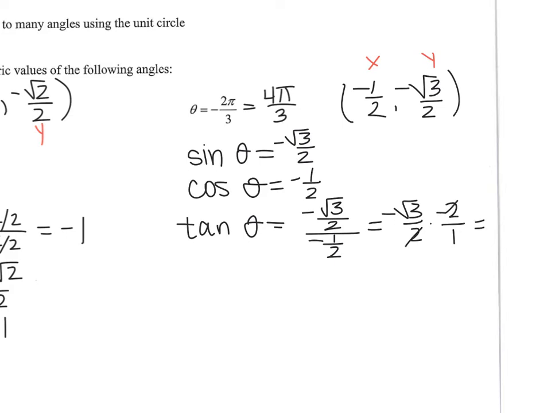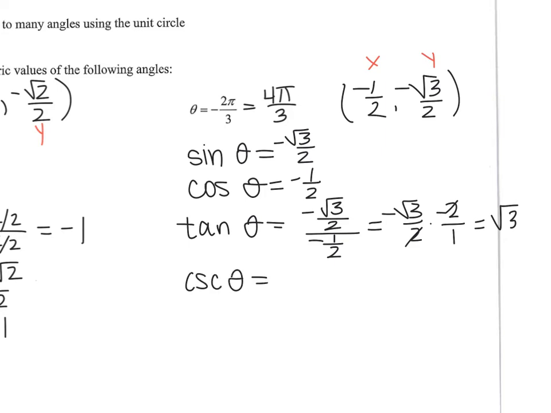The 2's cancel, so negative square root 3 times a negative 1 is just going to be positive square root 3, over 1, which we don't typically write, so we just get square root 3.